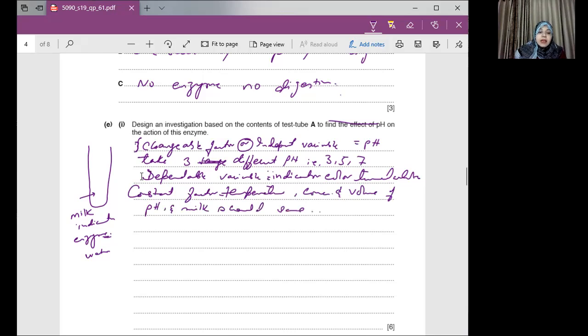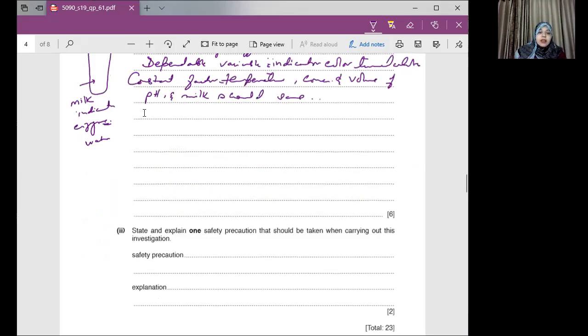In the middle line, you have to mention that you set three apparatus in which the milk amount, volume, and the concentration of milk, indicator, enzyme, and water should be the same. And you are taking different buffer solutions to maintain the pH.